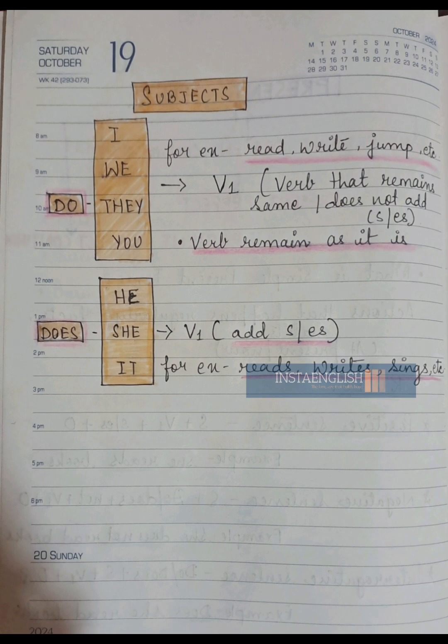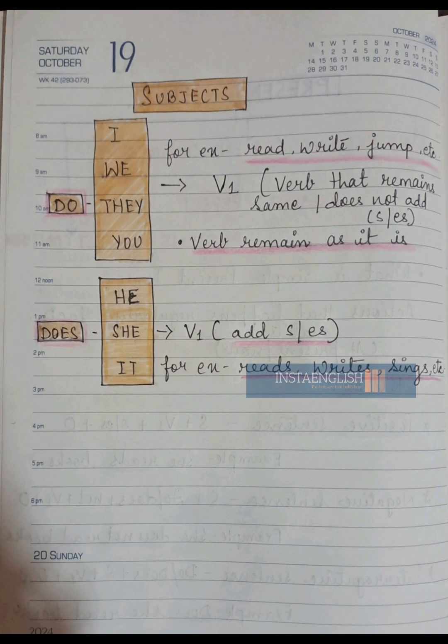Next comes the subject he, she, it. These are the third person. In place of he, she, it, to the main verb we will add s or es. For example, reads, writes, sings, etc. And with he, she, it, we will add does.